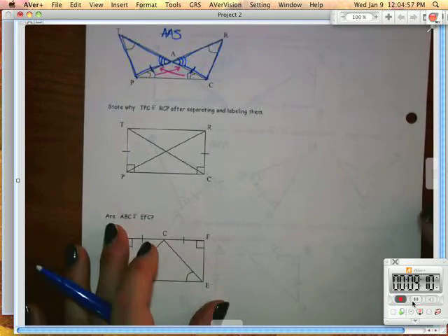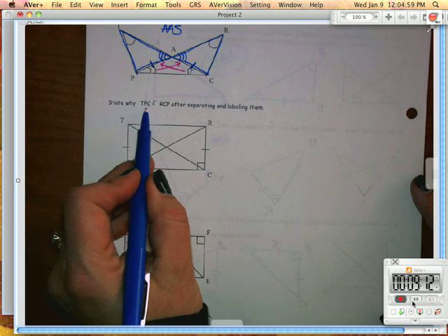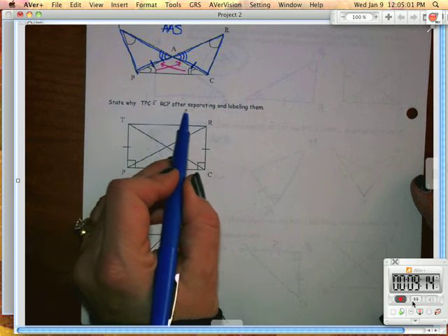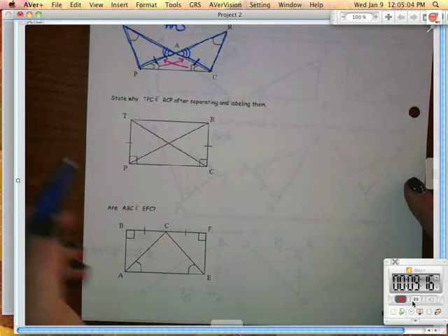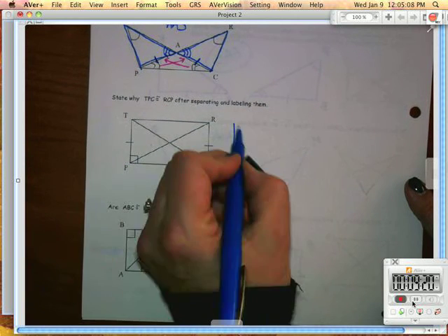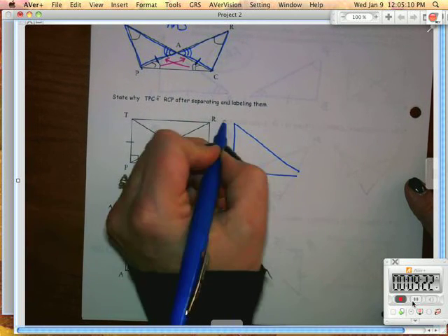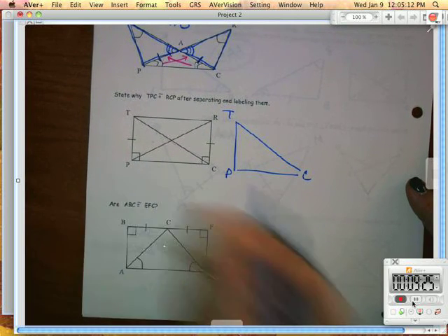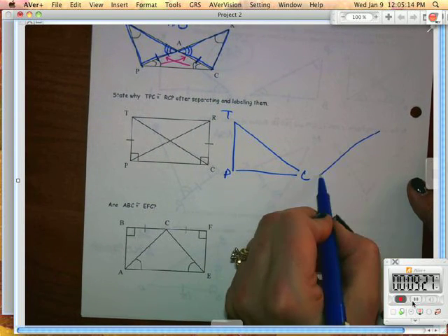All right. State why TPC is congruent to RCP after separating and labeling them. All right, I'm going to go ahead and separate them then. TPC and RCP.